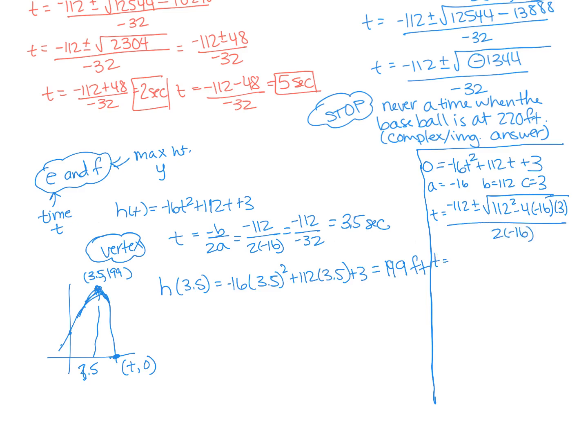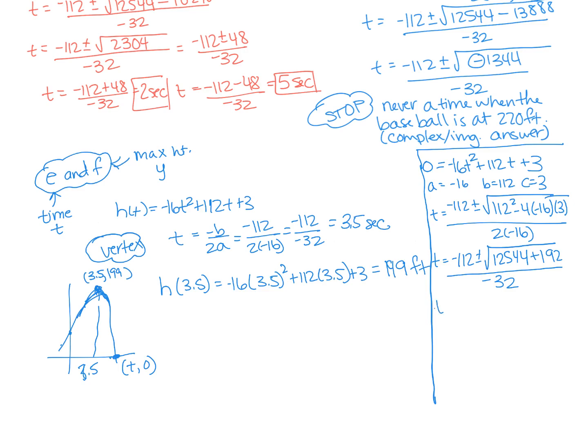So my T is equal to negative 112 plus or minus the square root of, and I believe 112 squared was 12,544, and then a negative 4 times a negative 16 would be a positive 64, times 3, I believe is 192, and it would be a positive 192, all over negative 32.